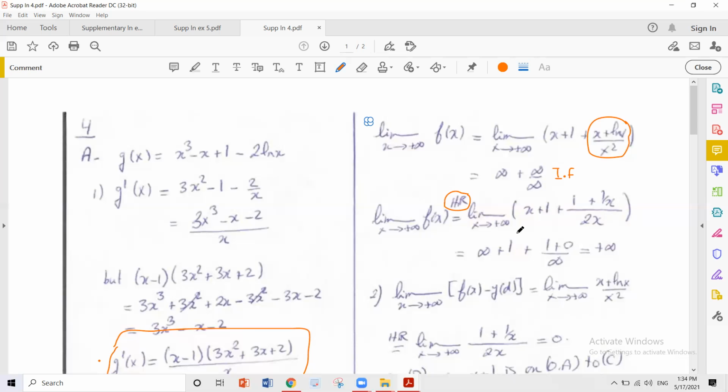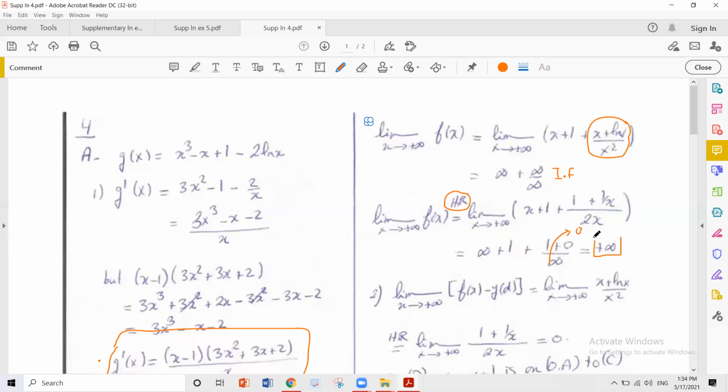We replace each x by infinity: infinity plus 1, plus 1 over infinity is 0, over infinity. This one becomes 0.